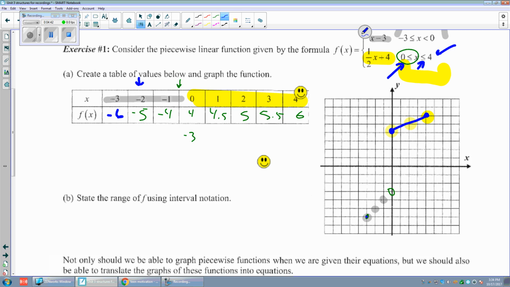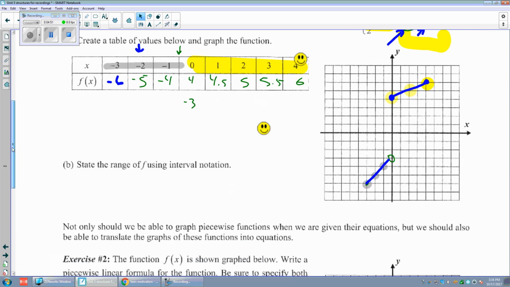So, there it is, piecewise, 2 pieces. State the range. Domain is input, output is range, using interval notation. Why? Because it's a filled in circle. -6. Remember, range is y values.